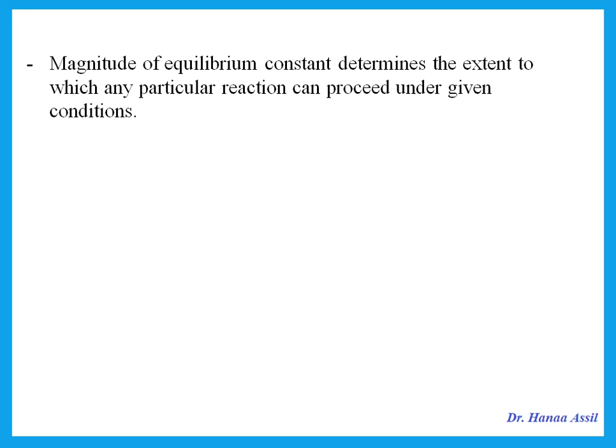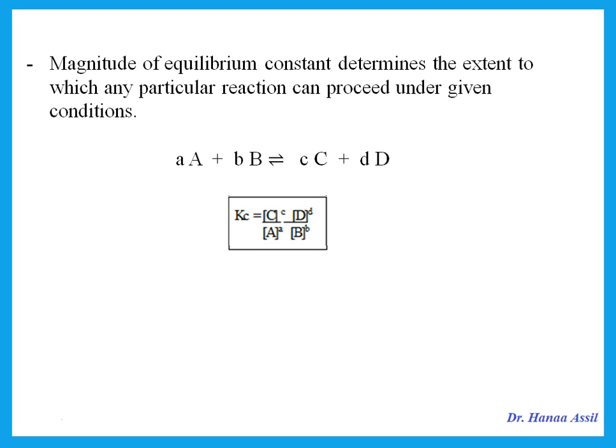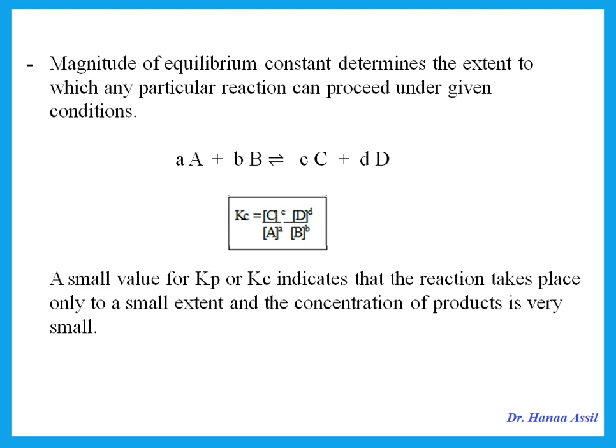The magnitude of the equilibrium constant determines the extent to which any particular reaction can proceed under given conditions. So if I have a certain reaction, and this is the expression for my Kc. Now, if the value for Kc is high, that means I have a lot of product, and that means that the forward reaction goes to a large extent.